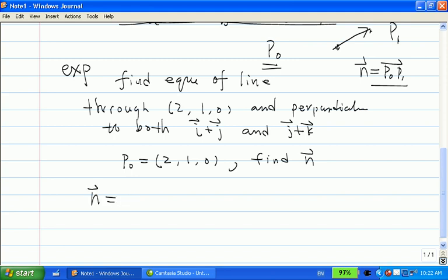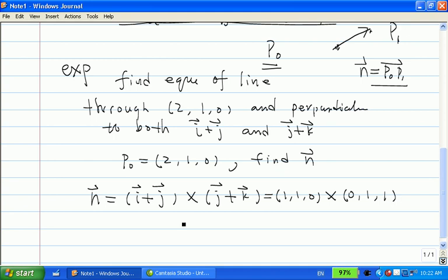We try this: the vector i plus j, cross product with the other vector j plus k. What is the vector i plus j? If you write it as a triple, it is (1, 1, 0), right? And the other one is (0, 1, 1).